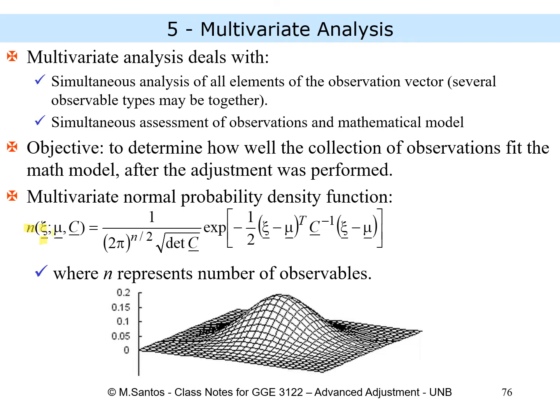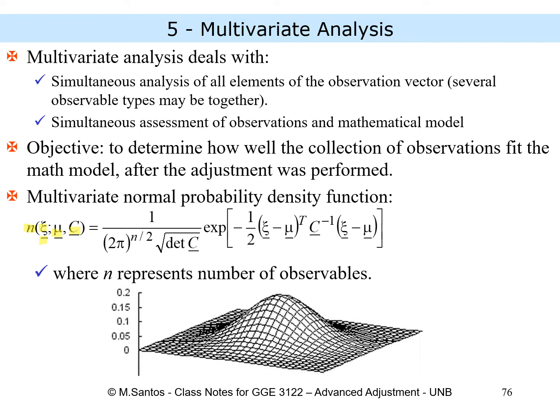We have the population mean, and again this is several values, and we have a covariance. So instead of having just one mean and one variance, now we have a vector of means, each mean corresponding to, say, a parameter or a residual, and we have a covariance matrix.